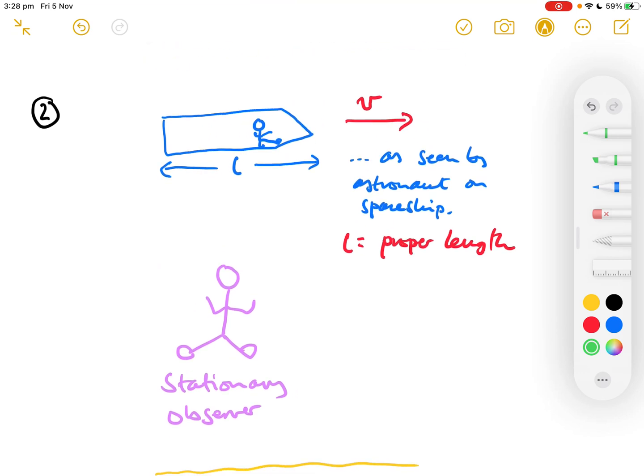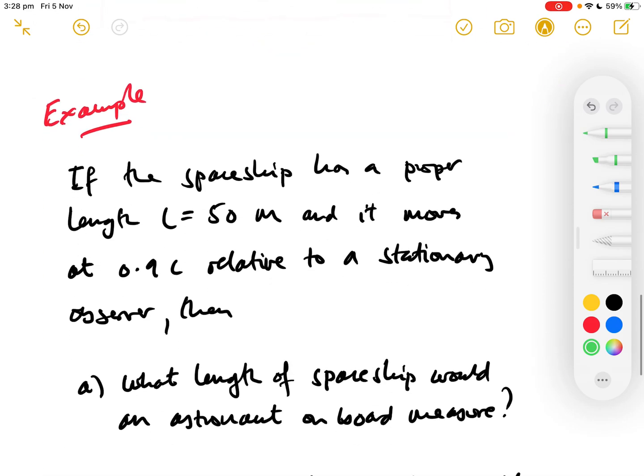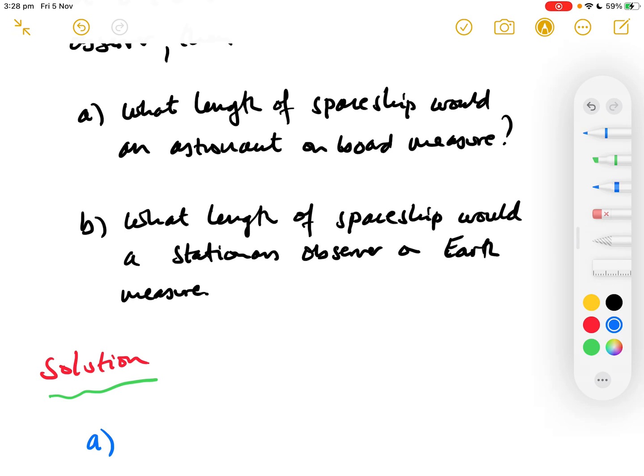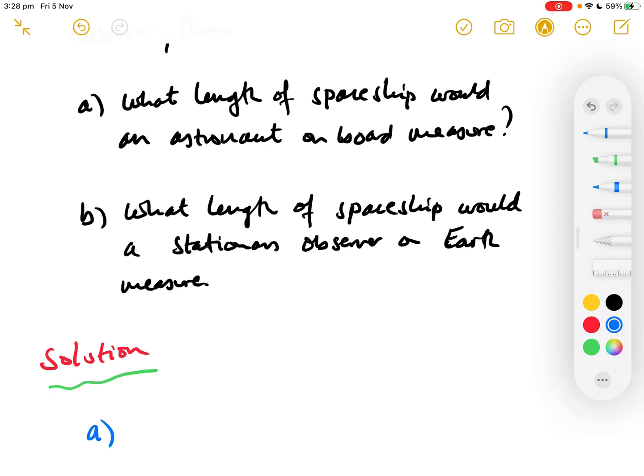So our scenario is like this one, where the spaceship is flying past at v relative to the stationary observer. Well, the solution to part A is simply that the astronaut who is on the moving spaceship would measure its length to be L, which is 50 meters, i.e. what we call the proper length.